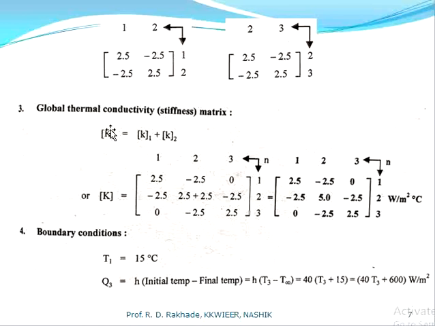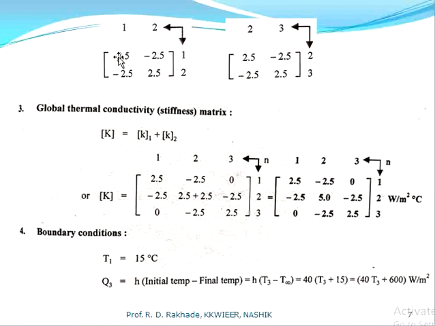The global thermal matrix size depends upon the number of degrees of freedom of the nodes, or we can simply say it depends upon the number of nodes available in the system. So we have three nodes, so the global size is equal to 3 by 3. 3 means having 3 rows and 3 columns.